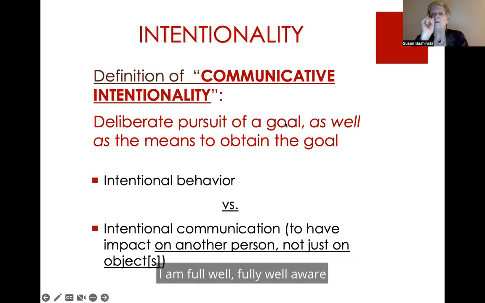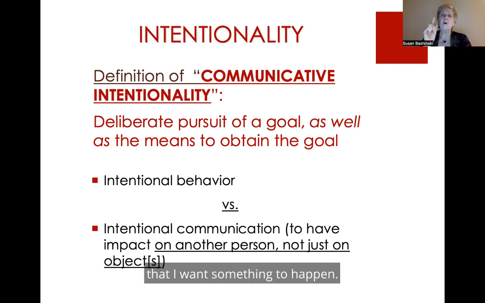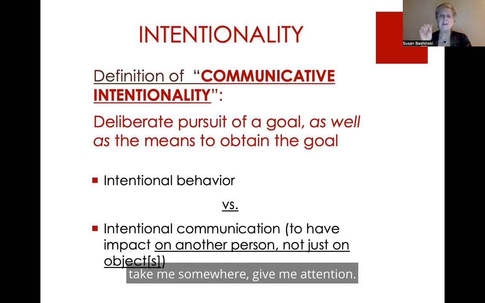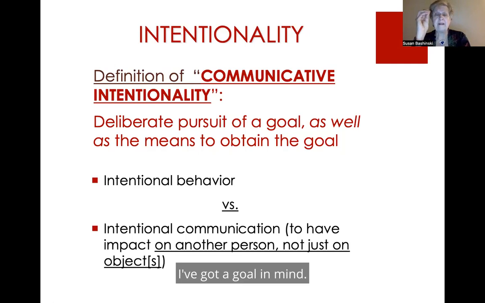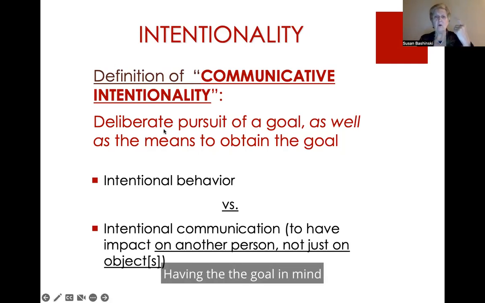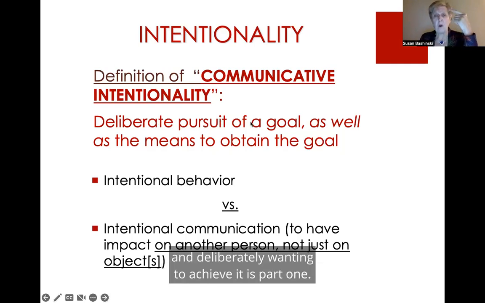I am fully well aware that I want something to happen. I want somebody to give me something, leave me alone, take me somewhere, give me attention. I've got a goal in mind. But it's not only that I have a goal in mind, having the goal in mind and deliberately wanting to achieve it is part 1.